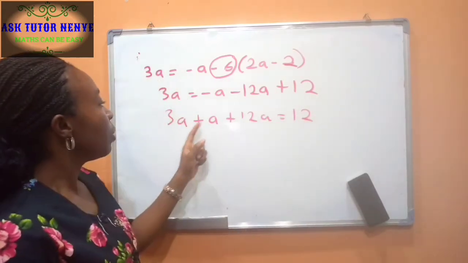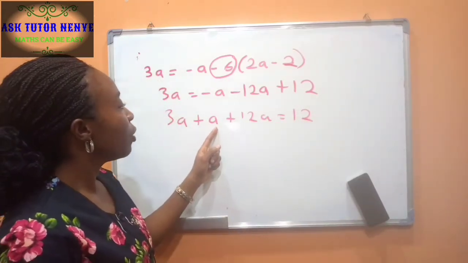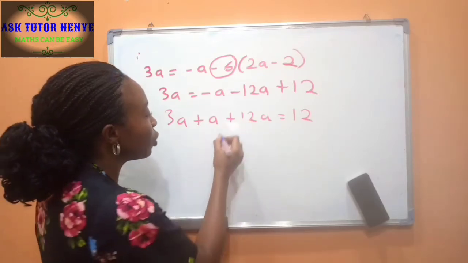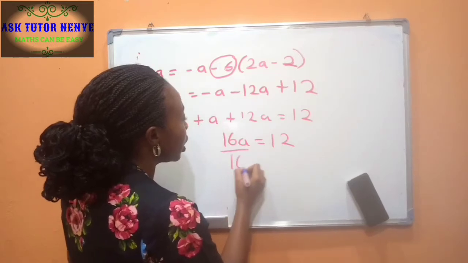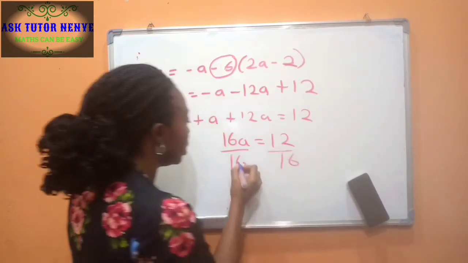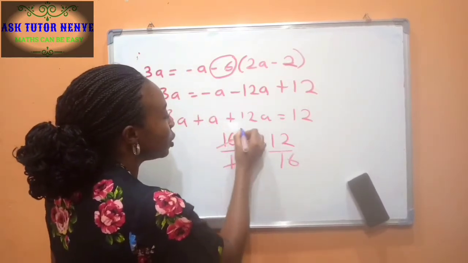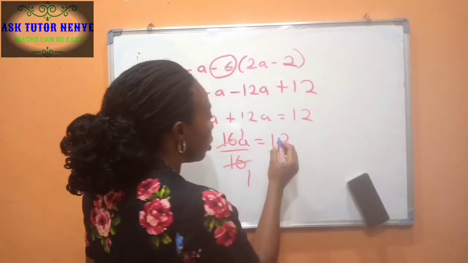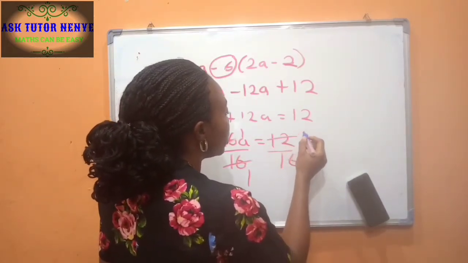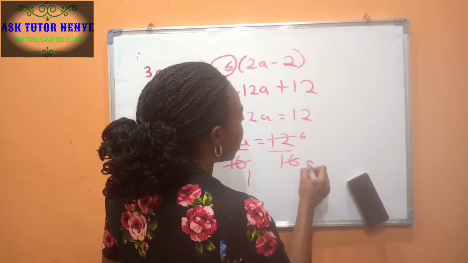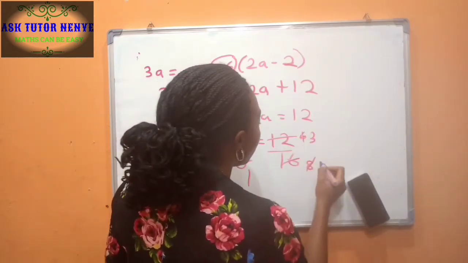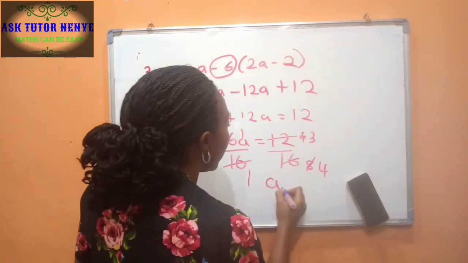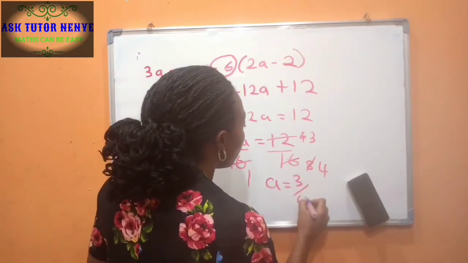Then 3a plus a gives us 4a. 4a plus 12a gives us 16a equals to 12. Divide both sides by the coefficient of a, which is 16. 16 goes here 1, 16 goes here 1. 2 goes here 6, 2 goes here 8, 2 goes here 2, 2 goes here 3, 2 goes here 4. So we have a is equals to 3 over 4.